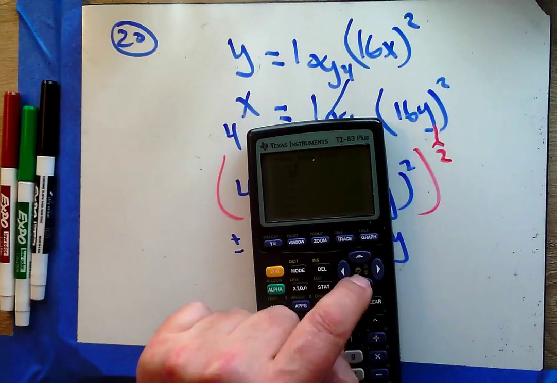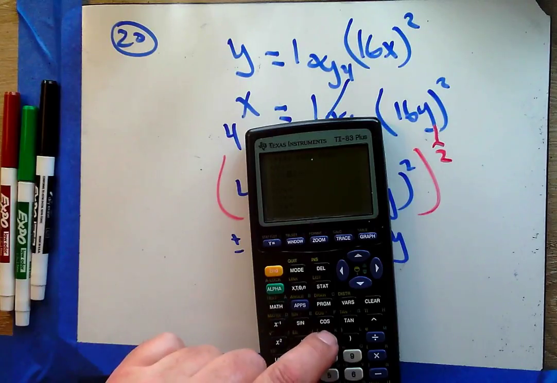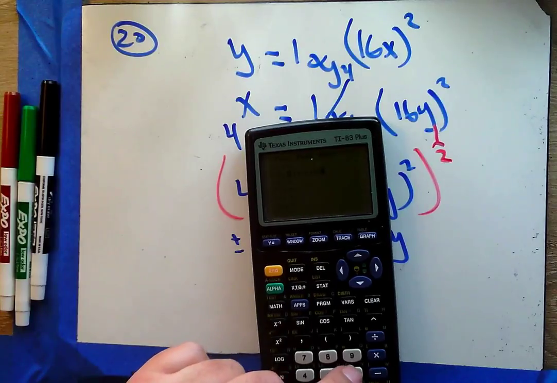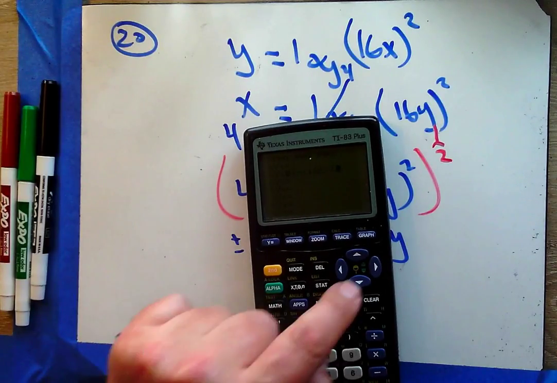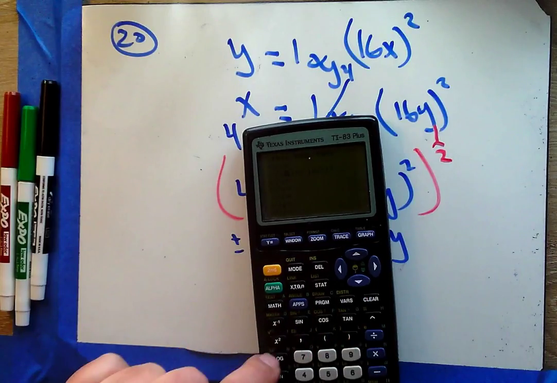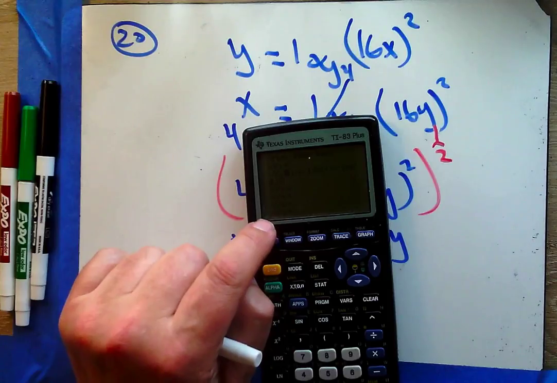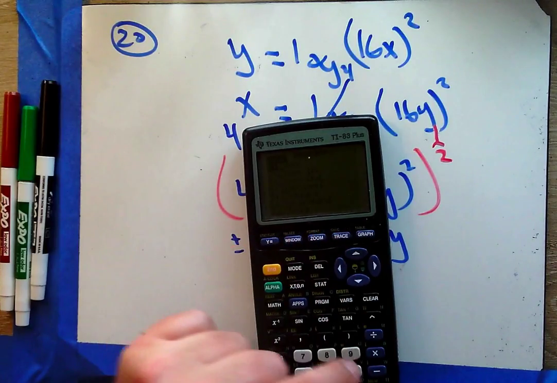So, we've got ln of 16x quantity squared divided by ln of 4. So I use the change of base formula to get it into my old calculator. Okay, and standard should be fine.